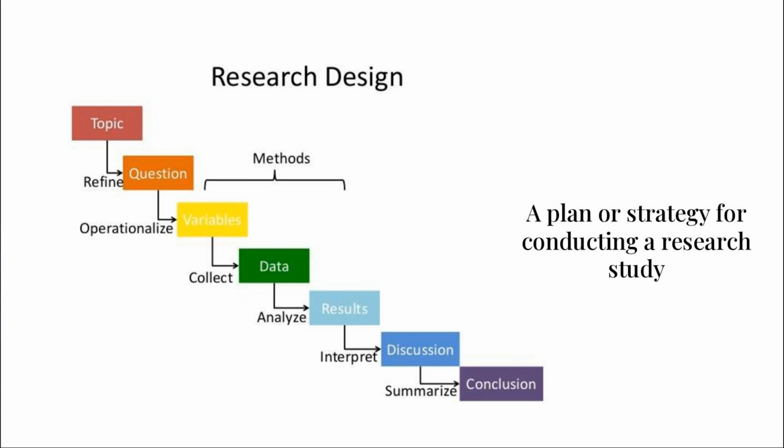It establishes the guidelines to gather and analyze data, including the selection of population, sample, instrument, procedures, etc. In other words, it is the blueprint or the user guide of your thesis or your dissertation.